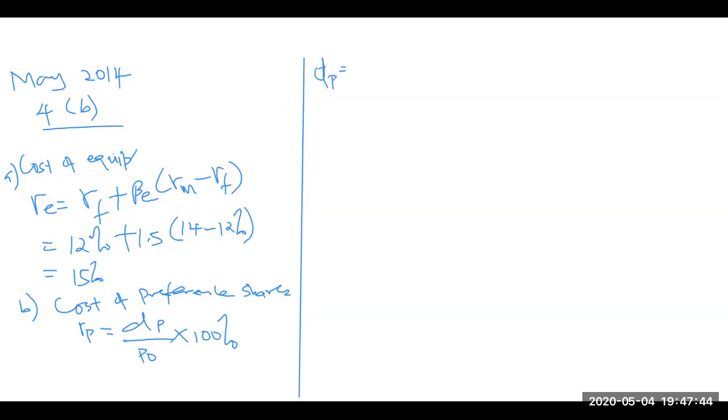In note number 4, preference share can be sold at 120 with a dividend of 12. So dividend equal to 12, and a cost of flotation equal to 6. Therefore, P naught, or rather the amount to be received, is P naught less flotation cost.